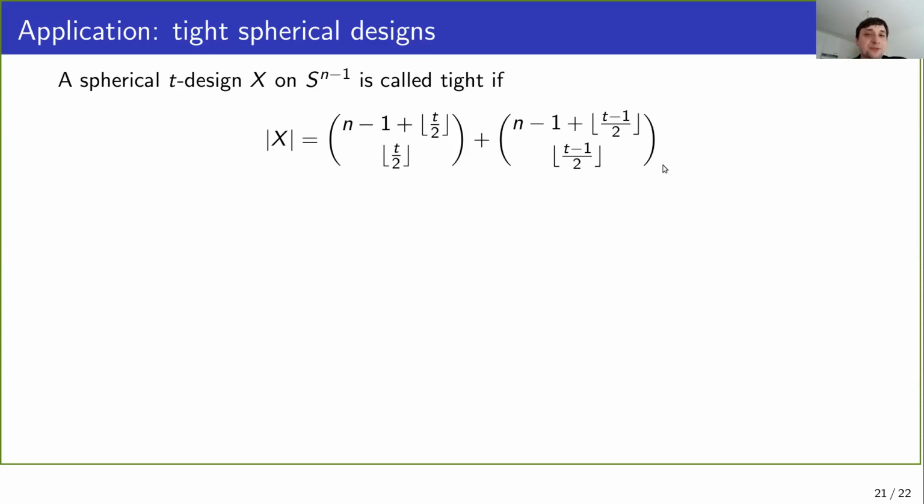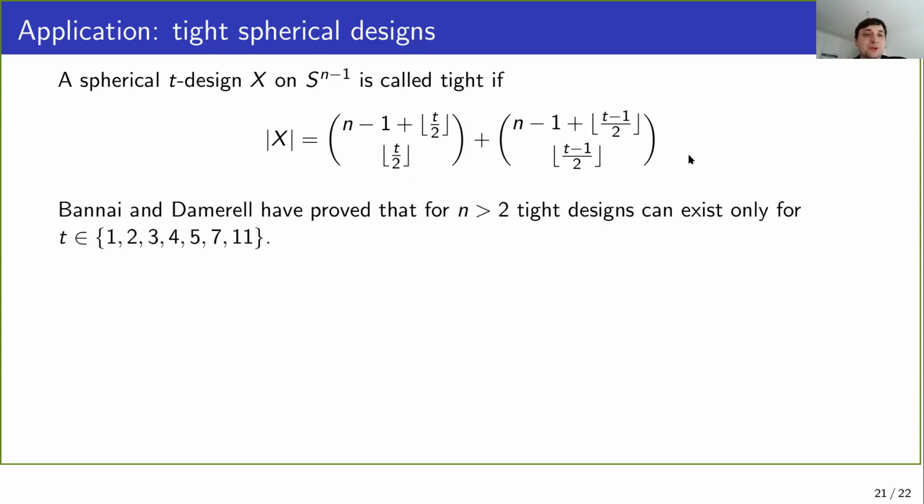So it maybe is a bit ugly, but it doesn't really matter because, due to the work of Bannai and Damerell, one knows that tight designs actually exist. They exist very rarely. So for t, the strength of the design, outside this set, the only tight designs are the regular polygons.